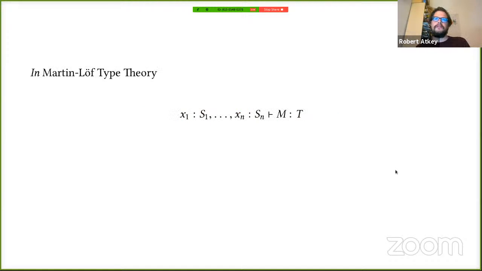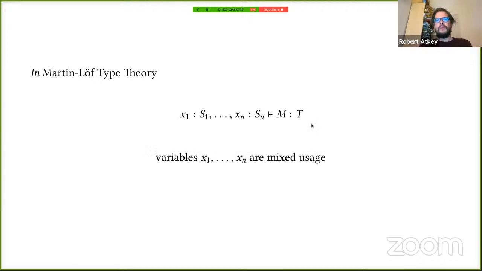So in Martin-Löf type theory, we have judgments like this. So we have some variables, have some types, and that means that this M has type T. And now the crucial part of this is that these types here, so S or T or any of the types in here, can depend upon variables used earlier in the context. So this is what makes it a dependently typed system.